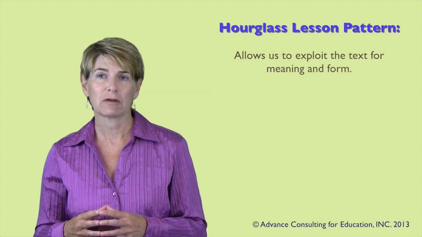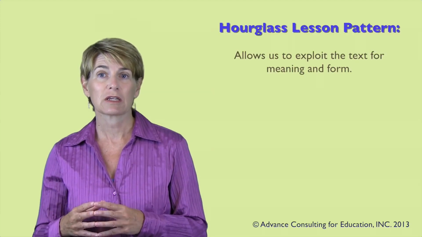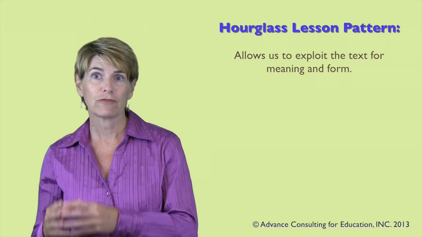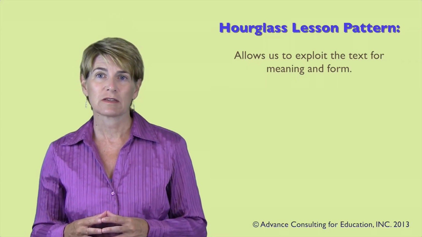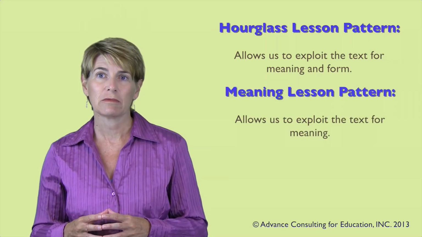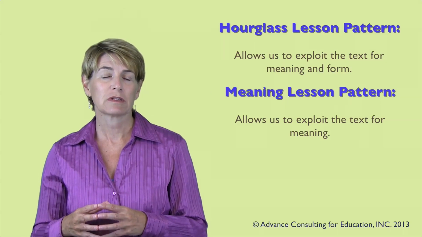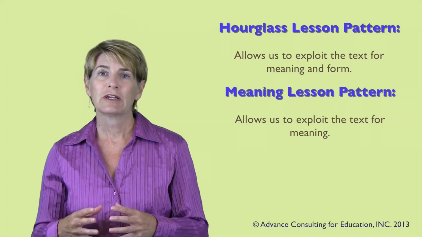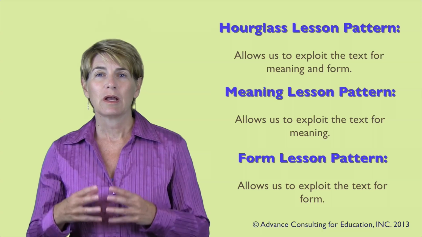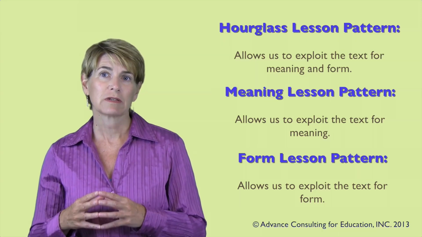These three lesson patterns allow us to strategically choose how we're going to use listening texts when we're teaching our listening lessons. The first lesson pattern, the hourglass lesson pattern, allows us to exploit the text for meaning and form. The second lesson pattern, the meaning lesson pattern, very obviously lets us exploit the text for meaning. And finally, the form lesson pattern allows us to exploit the listening text for form.